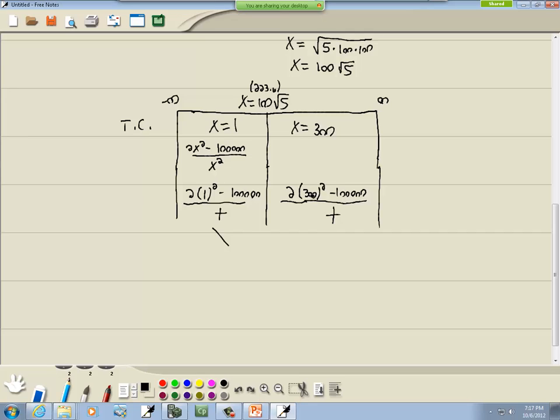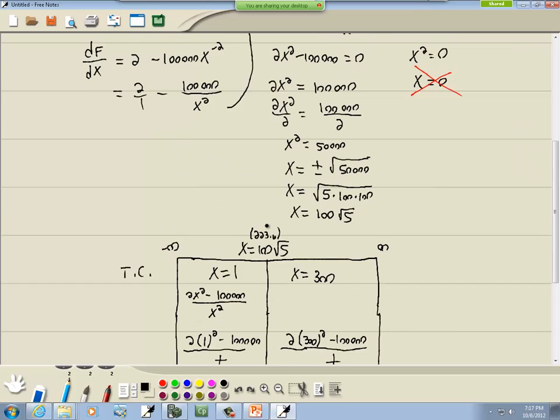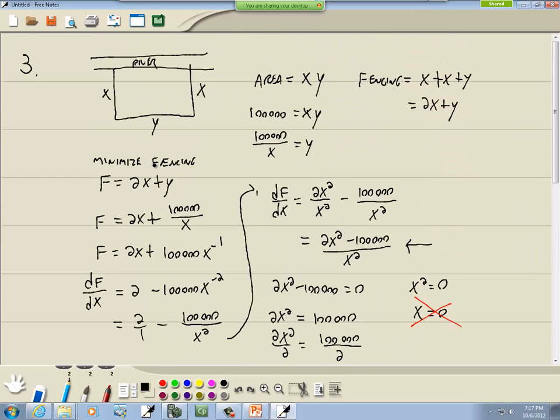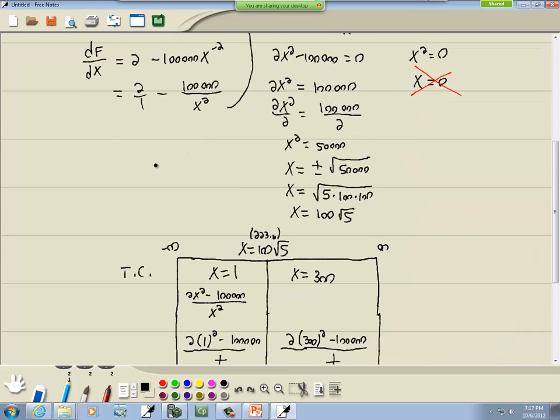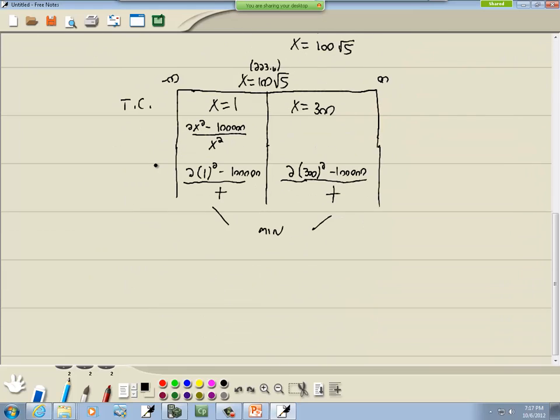Well, this is 90,000 times 2 is 180,000 minus 100,000, which is positive. Divided by positive is positive, so it's increasing. So it is indeed a min, which is what we were trying to do. We're trying to minimize the fencing. So min at x equals 100 square root of 5.